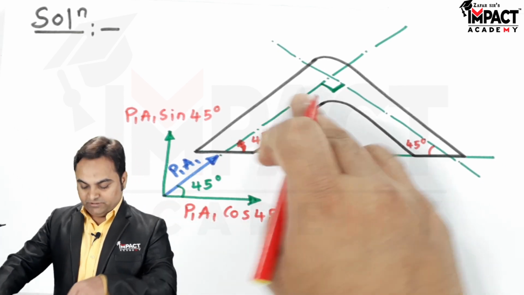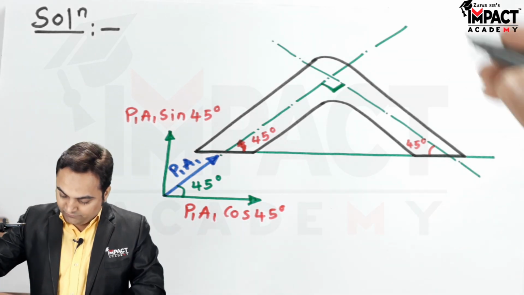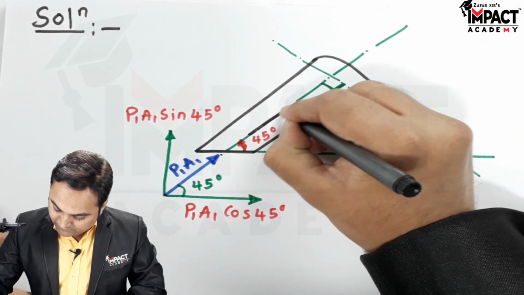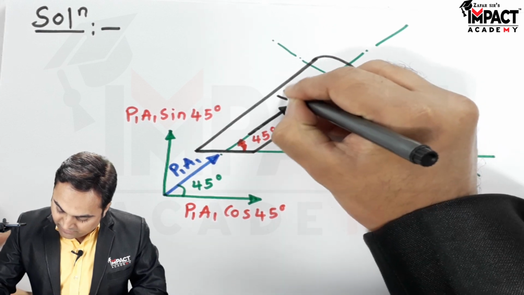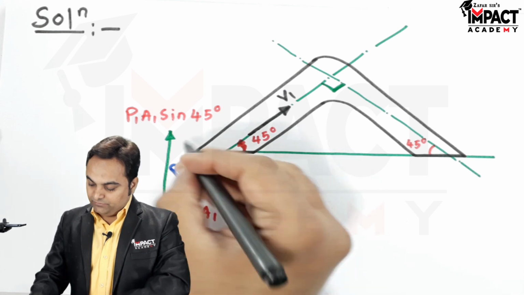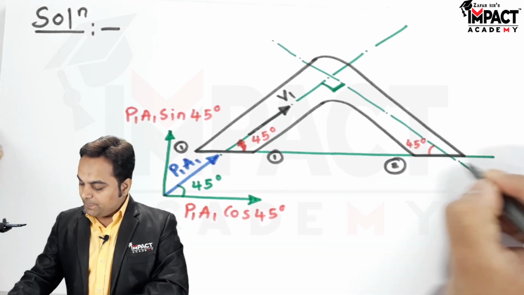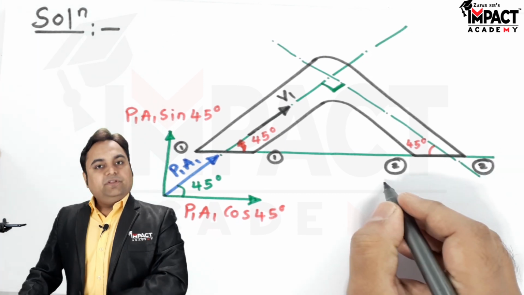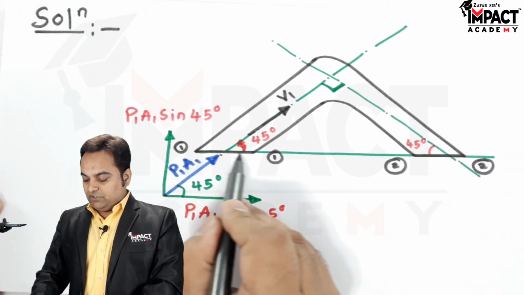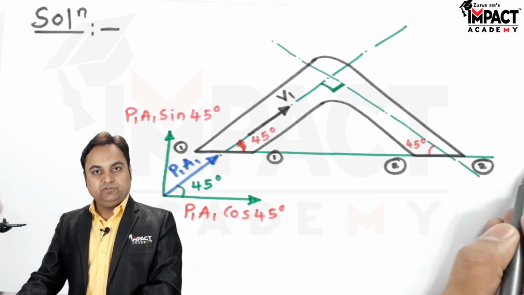Next, there is inlet velocity, and that inlet velocity would also have the same direction, indicated by V1 since it is at section 1. Here I'll write down that this is section first, and here we have section second. In the problem they had also mentioned that both section 1 and section 2 are at the same horizontal level, so I have shown them on the same horizontal level.